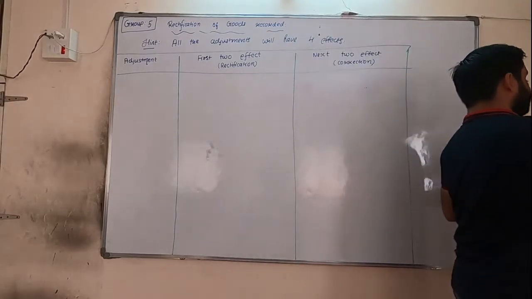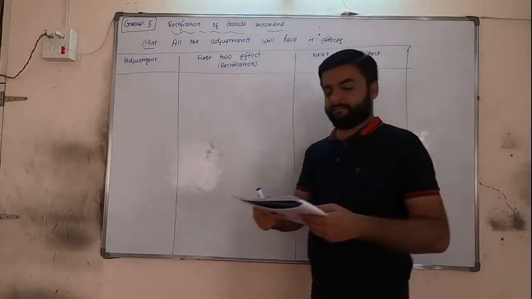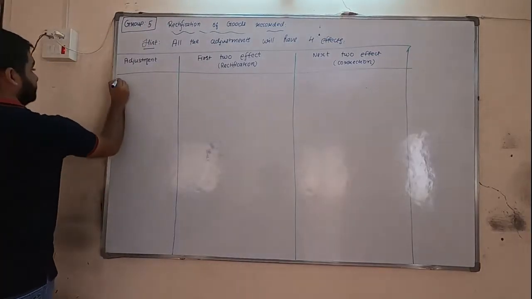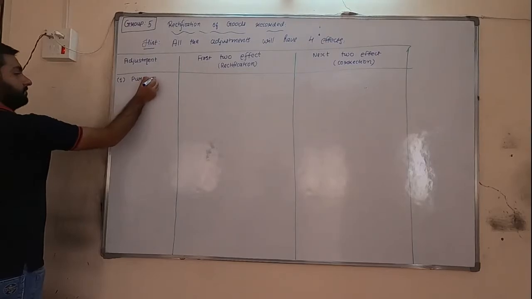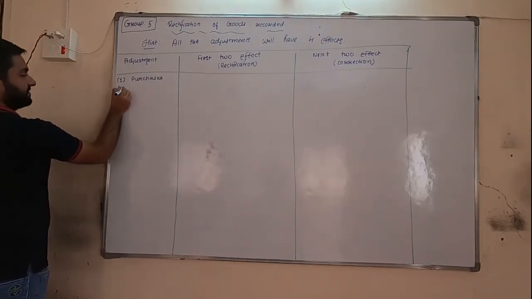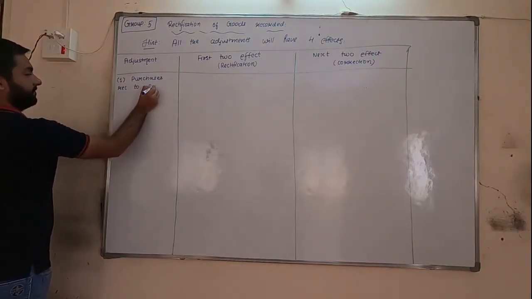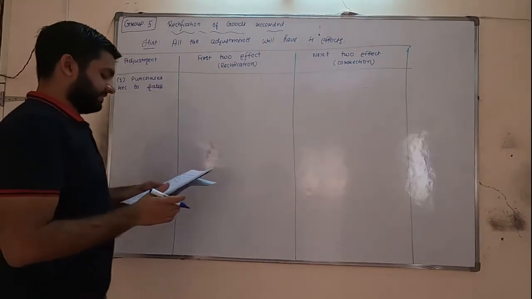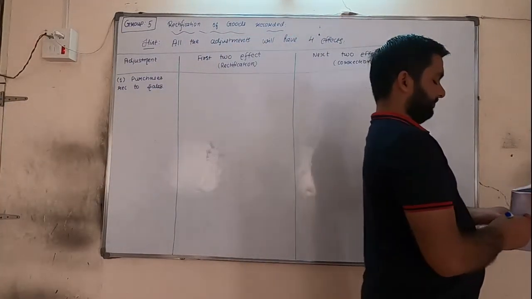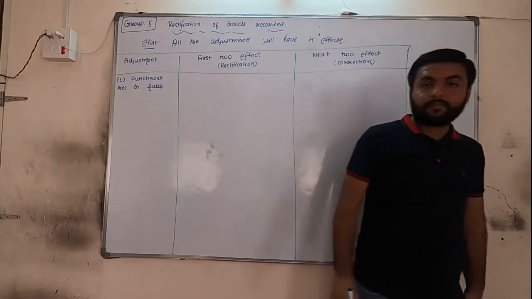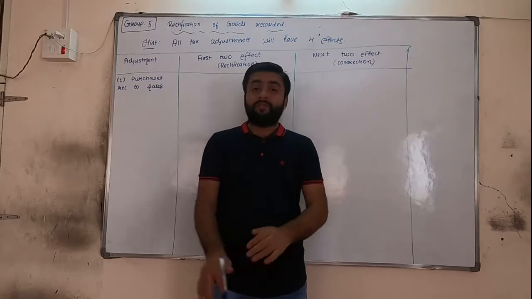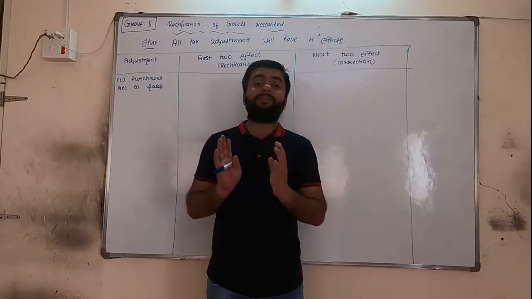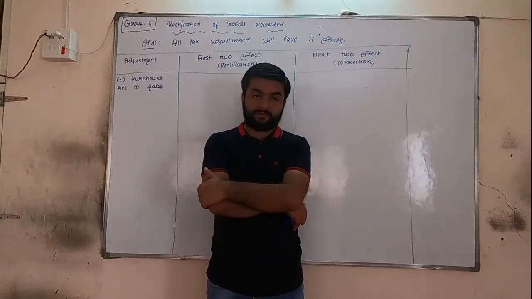Now the first adjustment is about purchases recorded to sales. For all these types of adjustments, you need to understand what the adjustment is meaning to say.